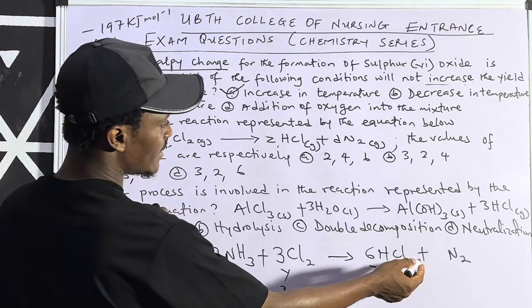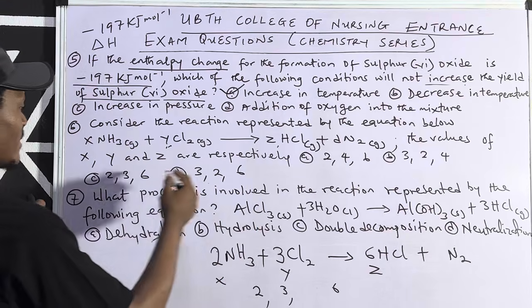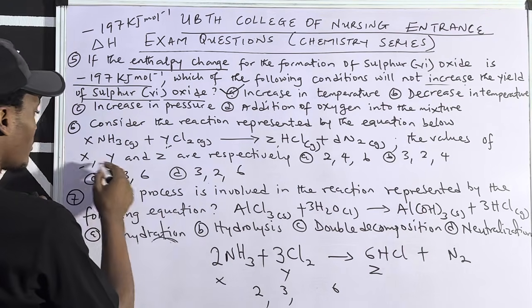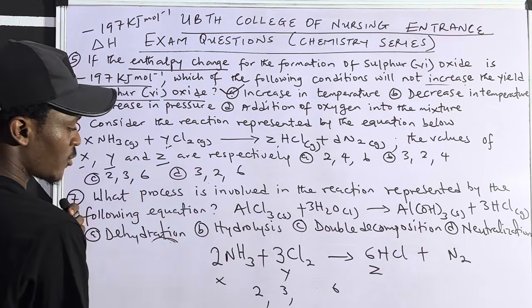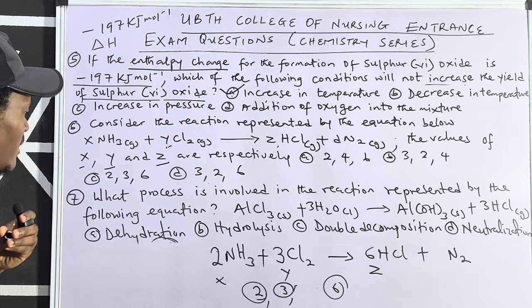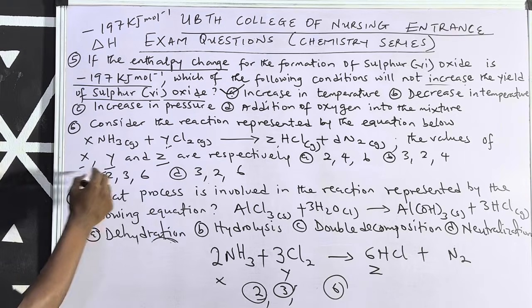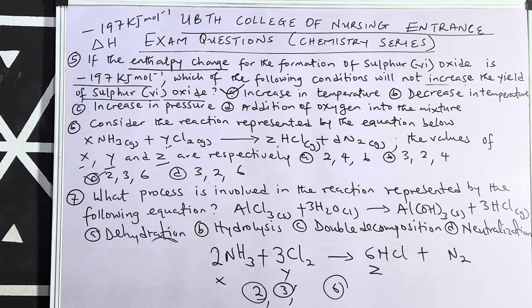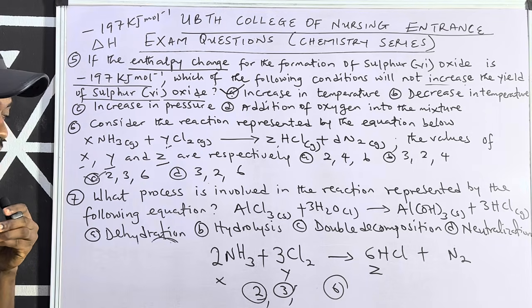Remember, there is no D in the question because the question said the values of X, Y, and Z are, so it should be 2, 3, and what? 6. So do we have it there? Yes, option C, 2, 3, and 6. That's our correct answer.